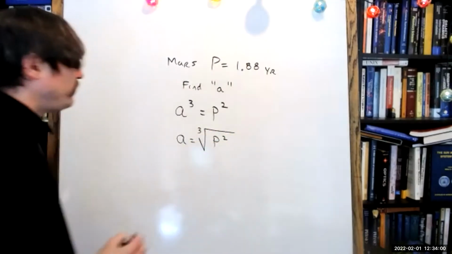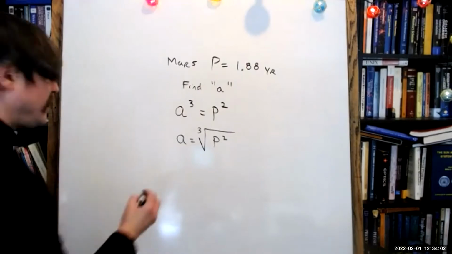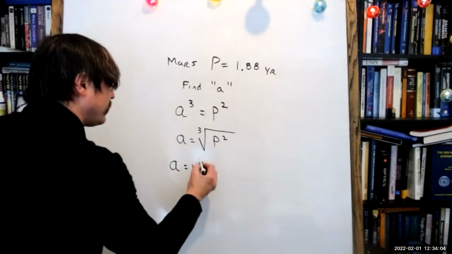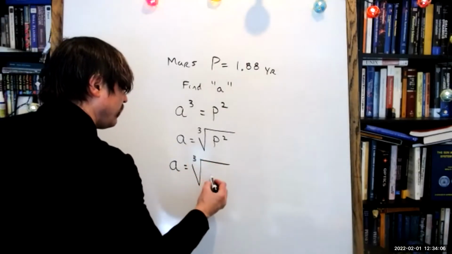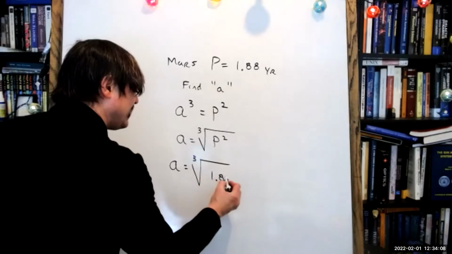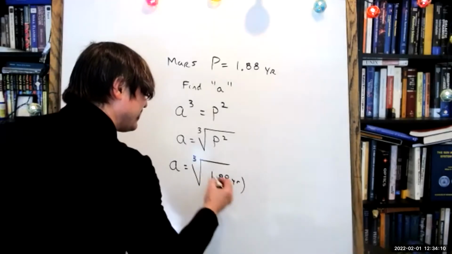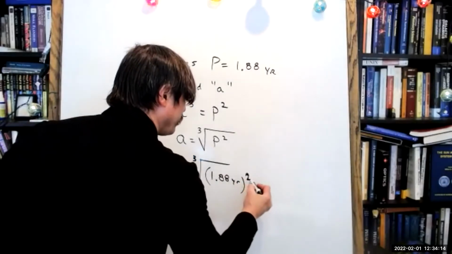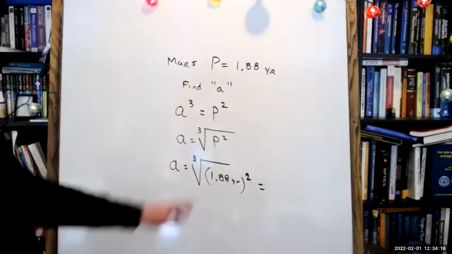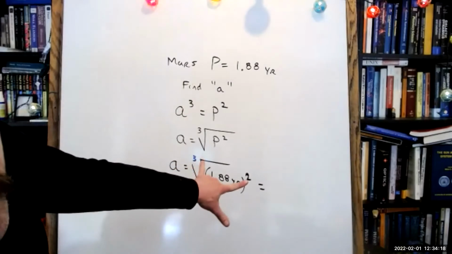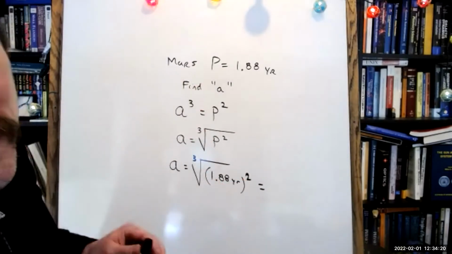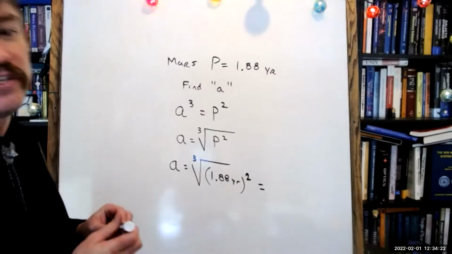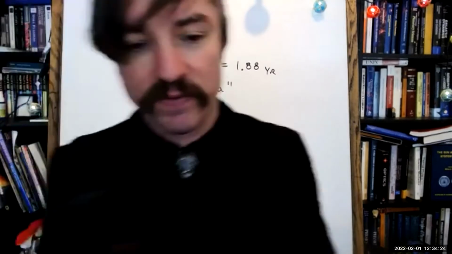A is the cube root of P squared. And then I plug in the cube root of 1.88 years squared. The order of operations doesn't matter because according to PEMDAS, these are both powers and have the same rank, but I like to do the inside first and the outside afterwards.